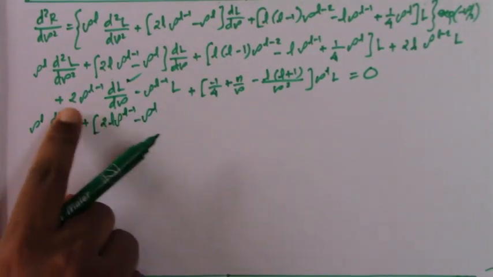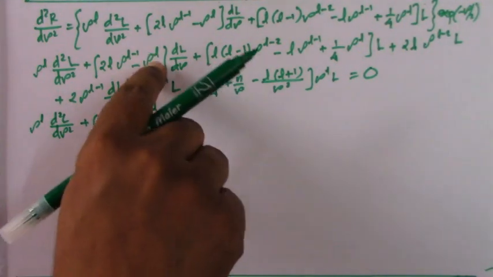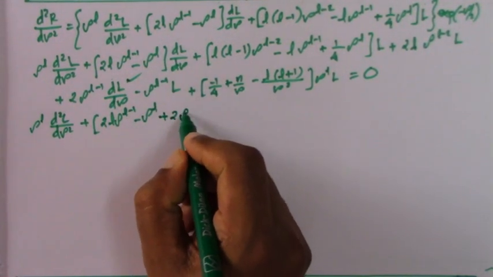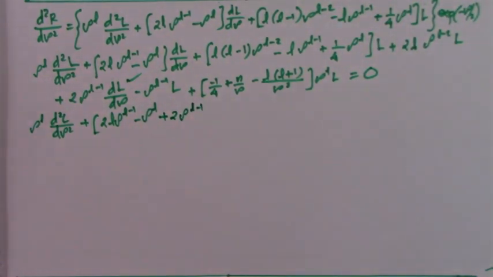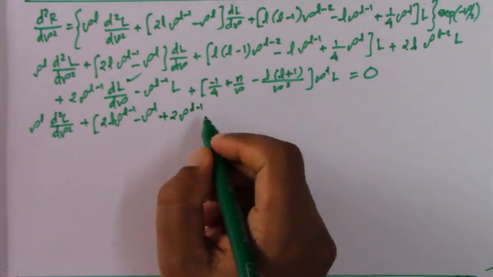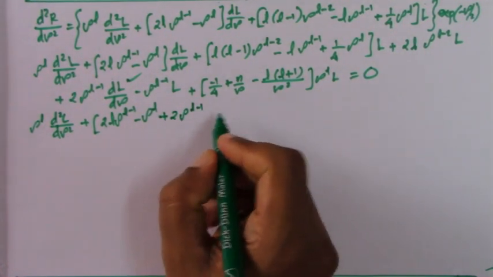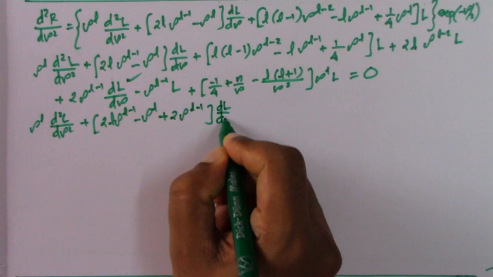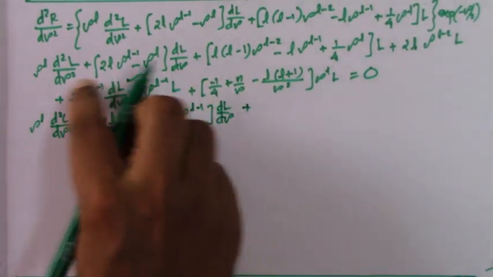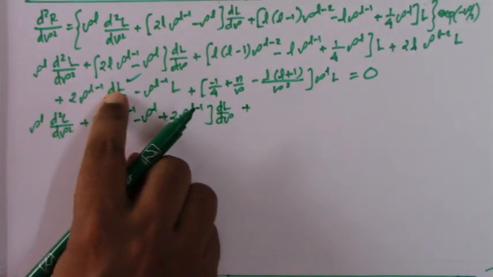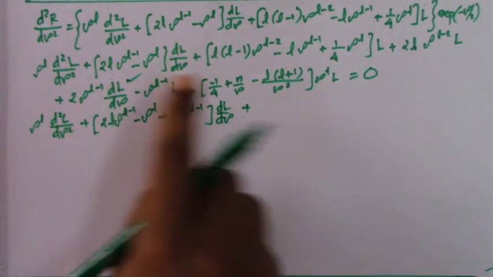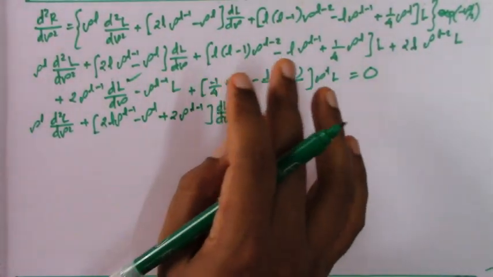The coefficient of dL by d rho appearing here I can bring inside this bracket. So I will have plus rho raised to L minus 1, all multiplied with dL by d rho, plus, so this term I have already included, it is already picked. When we are coming from here to here, just keep in mind that it's already picked, so we have to work with the remaining ones.